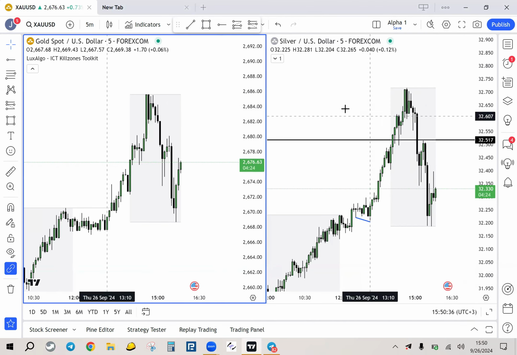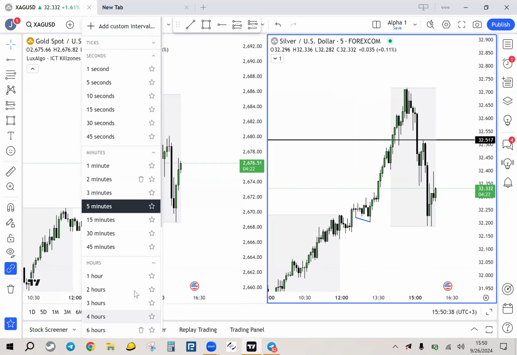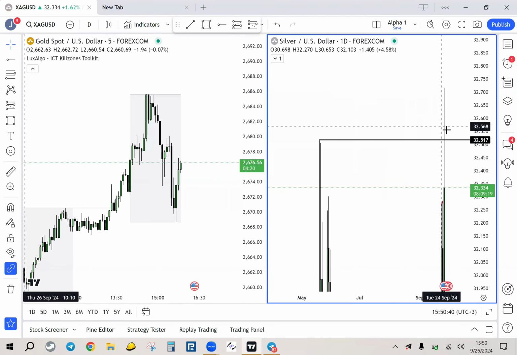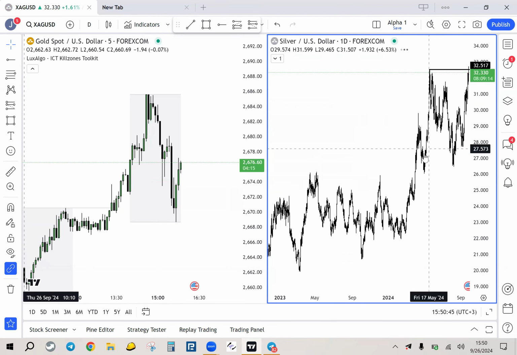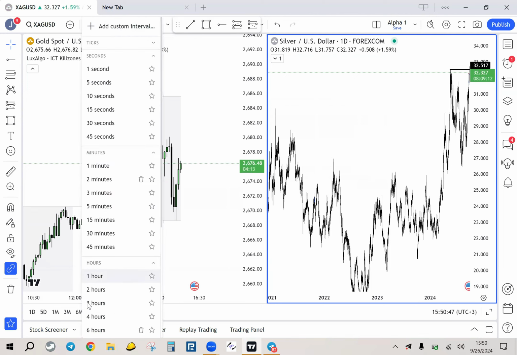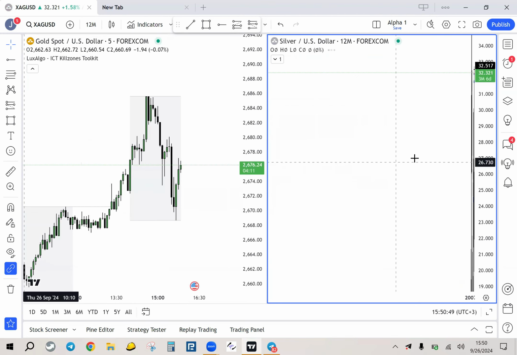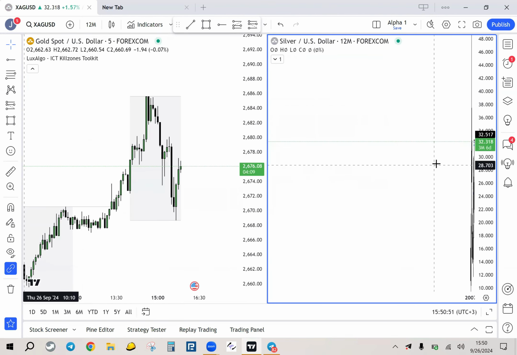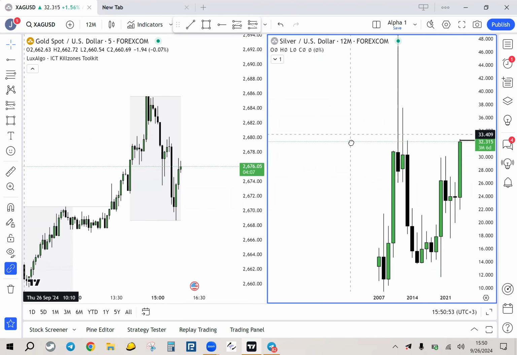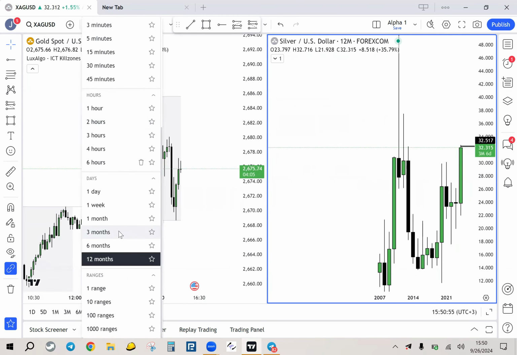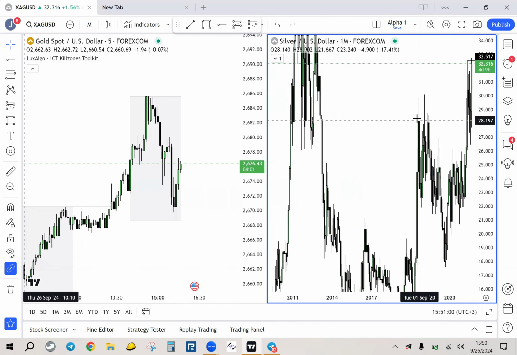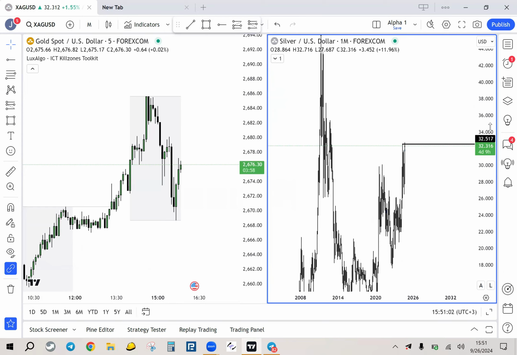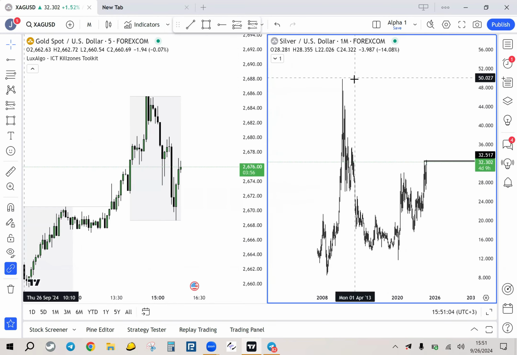Now, silver, on the other hand, if we go to the daily chart on silver, we're going to see that it reached some high and it's not an all-time high, because if you go to the monthly chart, you're going to see that the all-time high for silver was around $50.